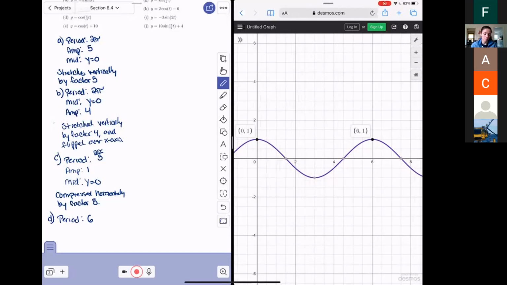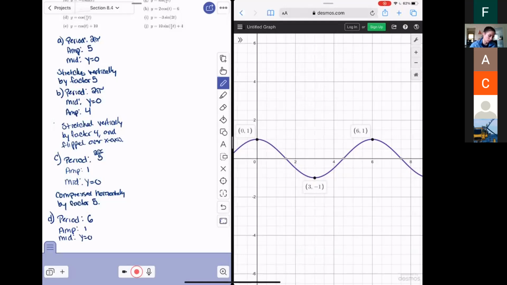All right, so from peak to peak, the period is 6. The amplitude and the midline: since the y value of our peak is 1, and the y value of the lowest point is -1, our midline is y equals 0, and our amplitude is just 1.